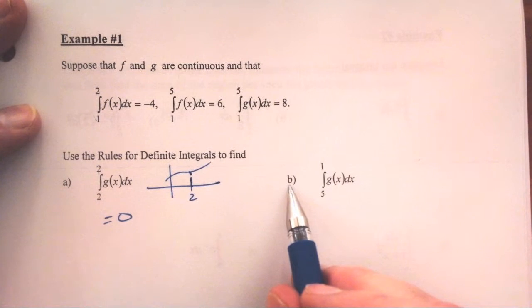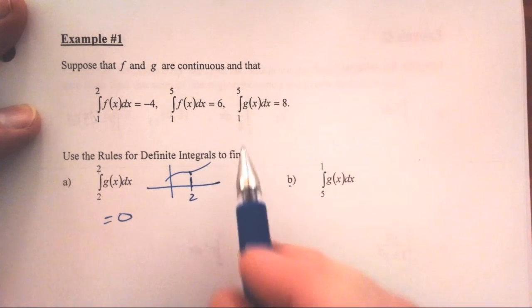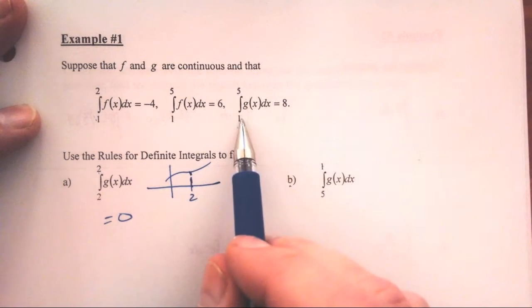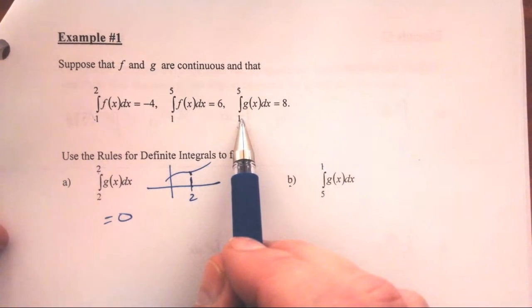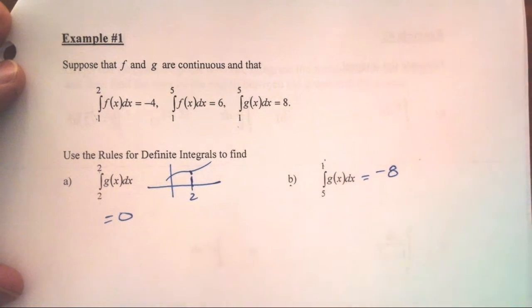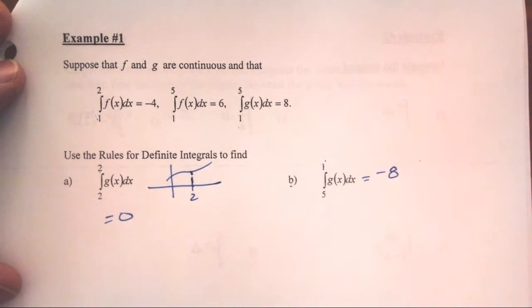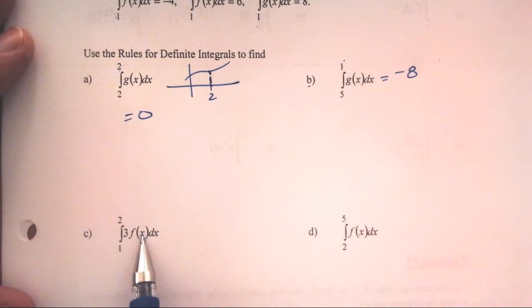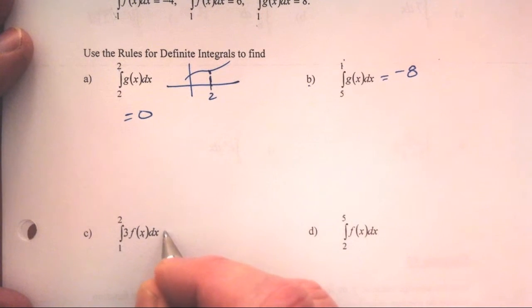Now, what is the integral of g from 5 to 1? Well, from 1 to 5, if I reverse that order, and I'm still going to come back and talk about that rule on the first page, but if I reverse the order, I get the opposite. All right. How about the integral of 3 times f of x dx?